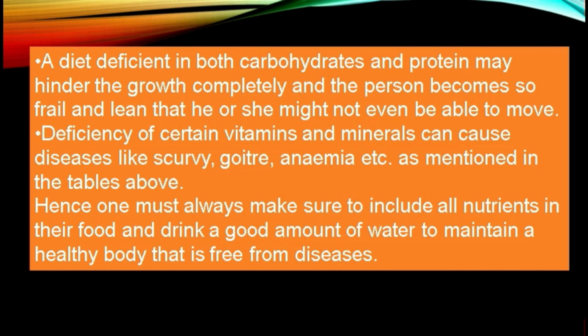Whereas a diet deficient in both carbohydrate and protein causes completely stunted growth. Stunted means short height, no proper growth of body, and the person becomes so frail and lean that he or she might not even be able to move.